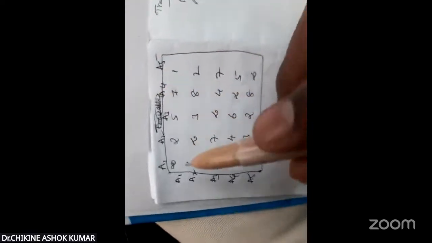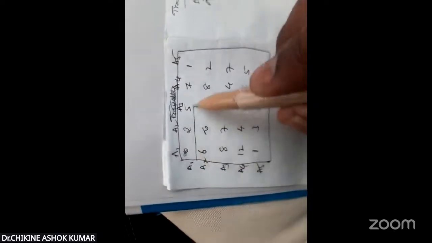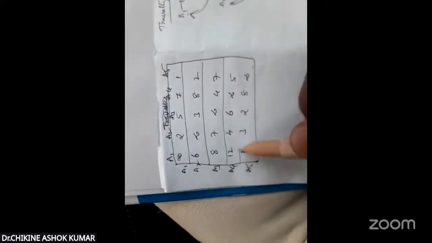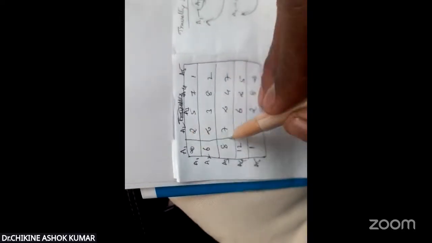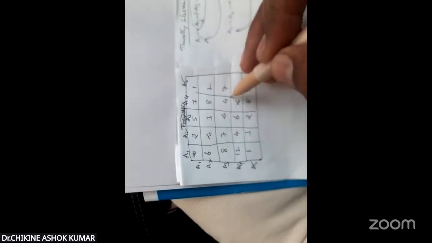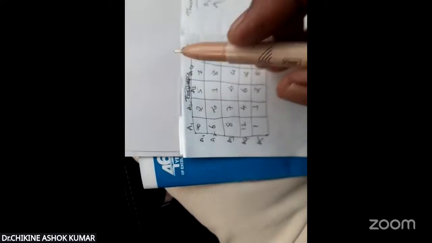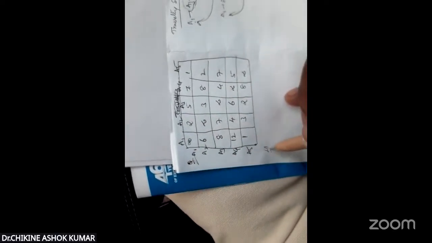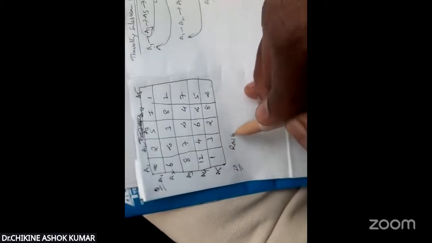So we have a 5 by 5 matrix, 5 rows and 5 columns, so it is a balanced assignment problem. First, row subtraction. What is the procedure? Step 1 is row subtraction.